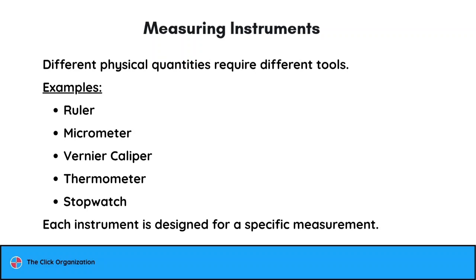Some common examples are a ruler, which measures length, a micrometer, which is used for measuring very small thickness, such as the thickness of a sheet of paper, a vernier caliper, which measures the inside diameter, outside diameter, and depth of objects with high precision, a thermometer used to measure temperature, and a stopwatch, which measures short intervals of time. And choosing the correct measuring instrument helps us obtain more accurate results.